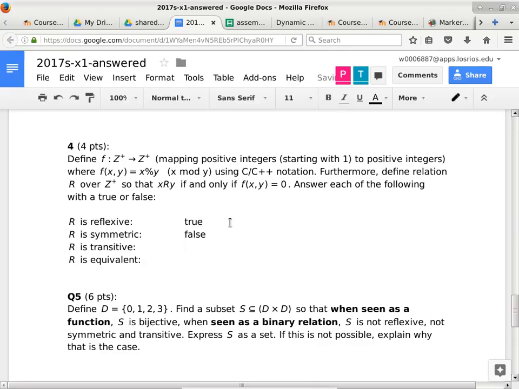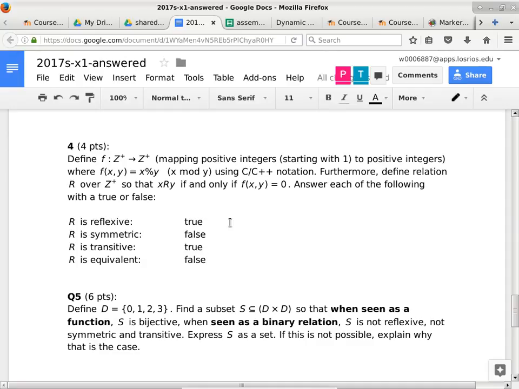Is it transitive? If x is a multiple of y and y is a multiple of z, is x a multiple of z? Yes. Okay, very good. And then the last one is equivalent. Well, since it is not symmetric, it cannot be equivalent. So you can automatically answer false here without even knowing what the function is.